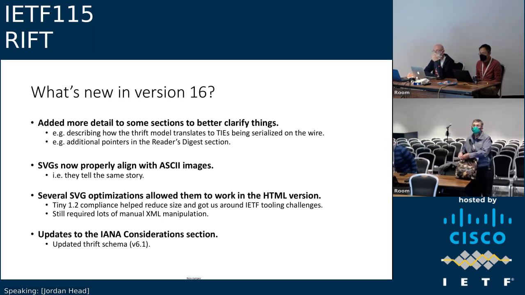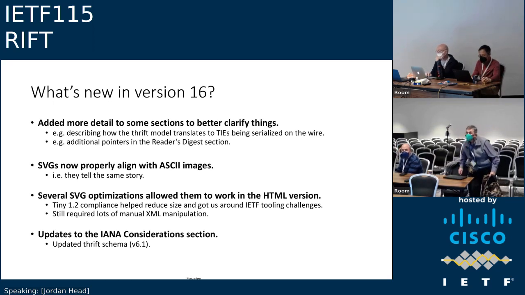I won't mention every detail, but here's a rough outline of what we've been working on. As the document evolves, a couple of concepts need to be clarified in text, just as an example, how ties are serialized on the wire. A couple of other readability components, like adding pointers to the Reader's Digest for some security concepts.